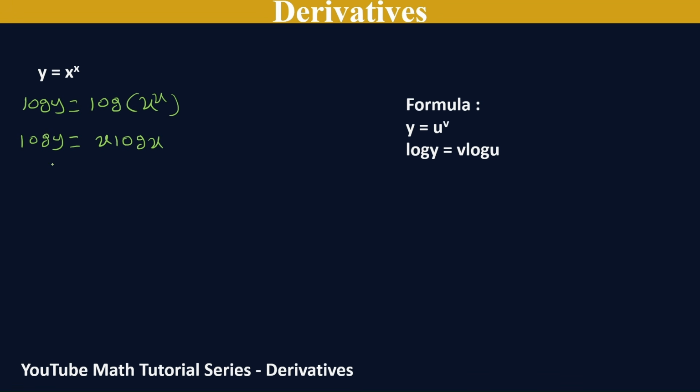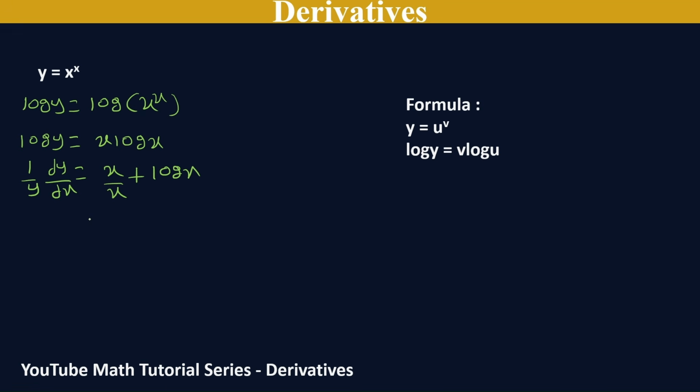So let's take the derivative. What is the derivative of log y? It will be 1 by y, and the derivative of y with respect to x will be dy by dx. Now it's coming in the form of u into v. So u is x, times the derivative of v, the derivative of log x, which is 1 by x, plus now v is log x, into the derivative of u, which is 1.